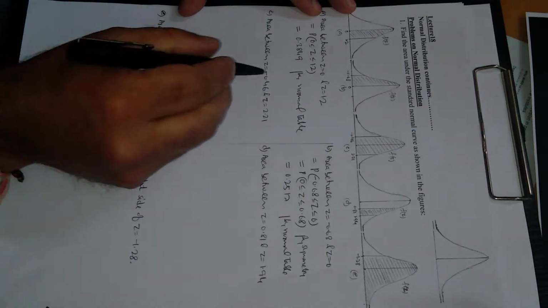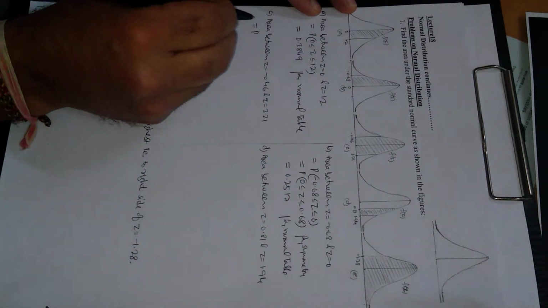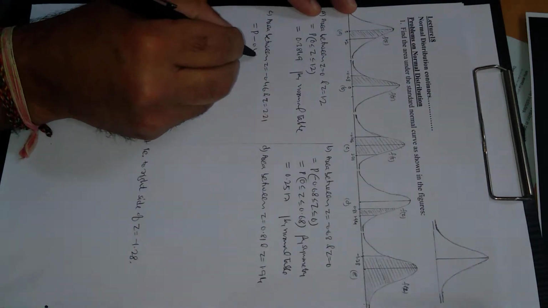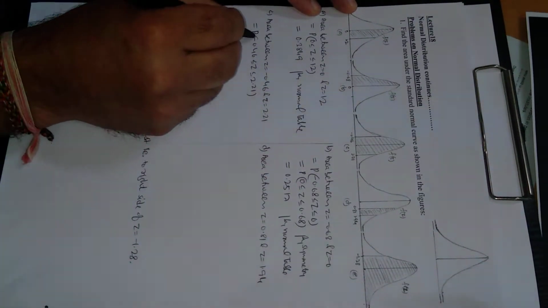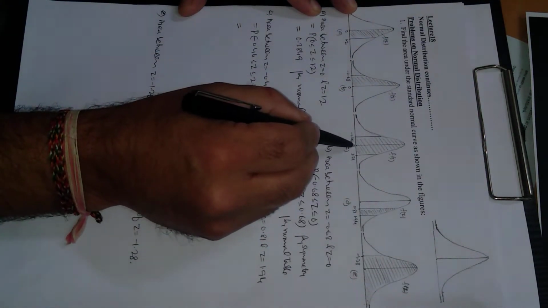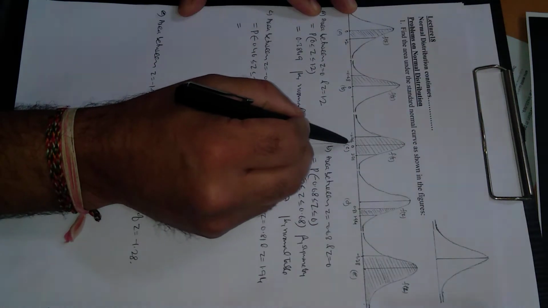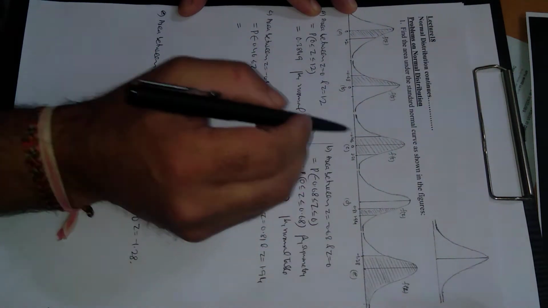Third is the area between minus 0.46 and 2.21. So this in probability form can be written as minus 0.46 less than z less than 2.21. From the normal curve it is clear, because at this vertical line z is 0, this probability can be split into two parts, minus 0.46 to 0 and 0 to 2.21.